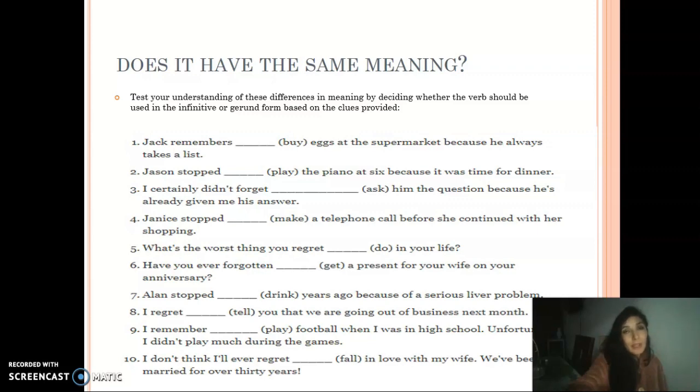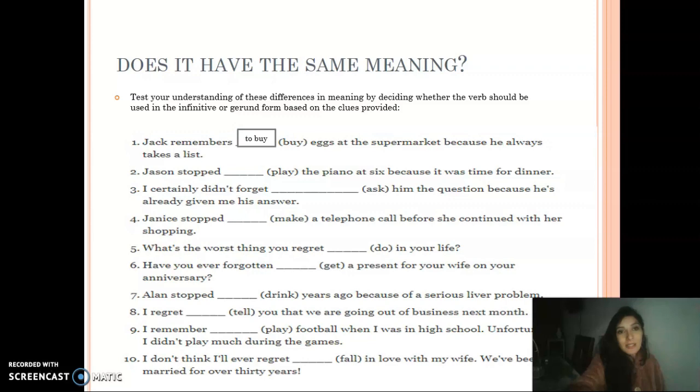So we have to fill with the infinitive or the gerund form. Because it says he always takes a list, here remember just for this reason, so I could say that here the correct answer is to buy. Jack remembers to buy eggs at the supermarket because he always takes a list.